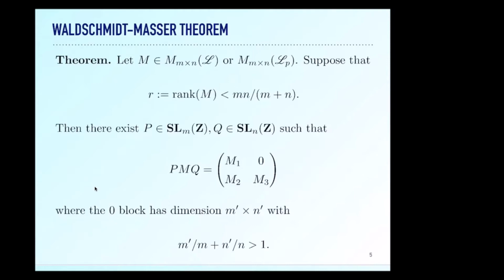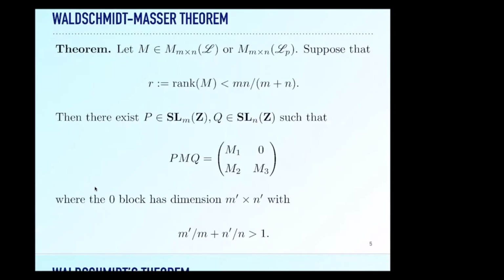Okay, so a rational change of basis, matrices in SL_m of Q or Z, it doesn't make a difference, on the left and on the right, so that I could get this block of zeros here. And how big is that block of zeros? It has dimension m prime times n prime, where the proportion of the rows plus the proportion of the columns that you get is greater than 1. So it's a pretty large chunk.